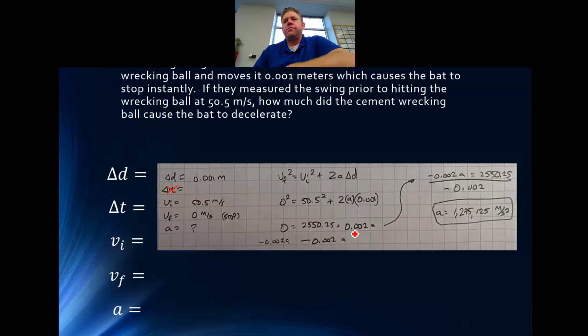So 0.002a, subtract that over to the other side, all right? Whoop, look at this. Should have a little negative sign in there, right? Because this thing should be decelerating. So we take 2,500 divided by 0.002 negative, and we get negative 1.3 million meters per second squared, which is a big slowdown, so to speak.